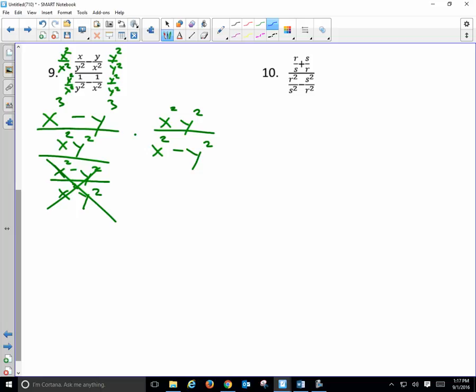What do you notice? The x squareds, y squareds do cancel. You're left with x to the third minus y to the third over x squared minus y squared, which is x minus y. Right.